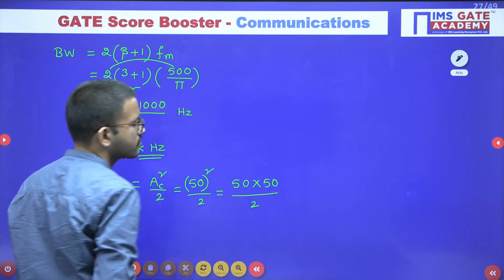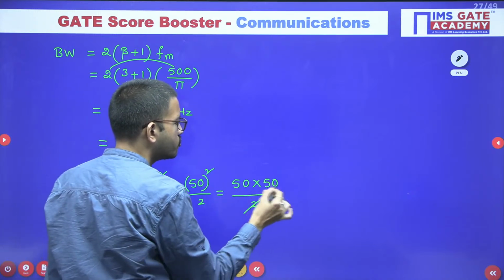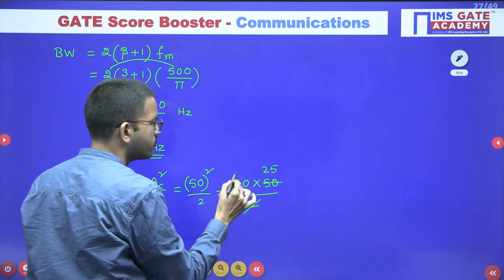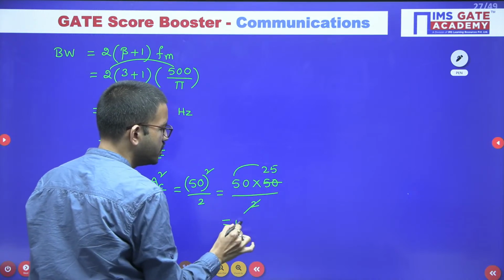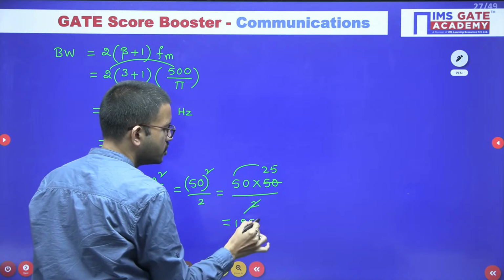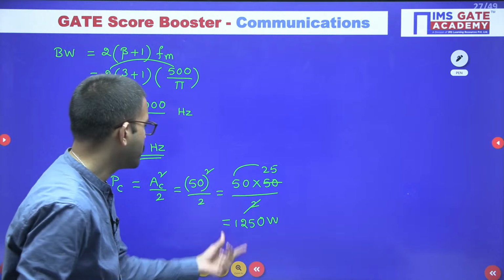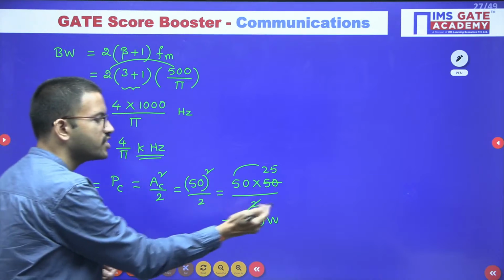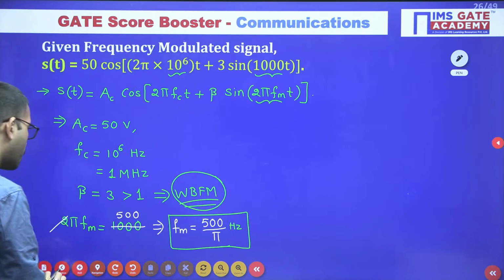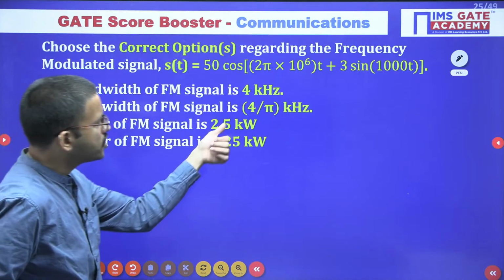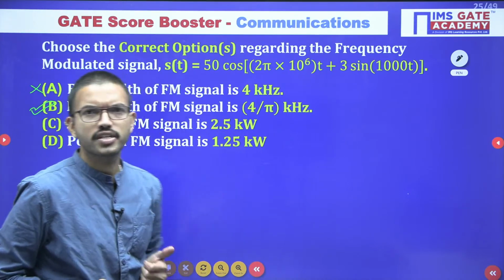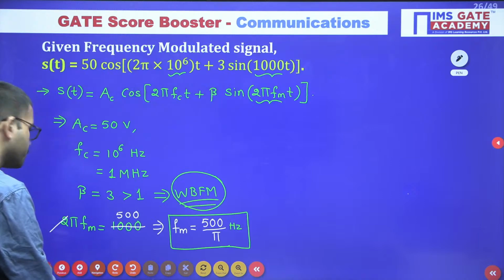Okay, so here 2 twos are 4, 2 fives are 10, so you get 1250. So you are getting the answer in the order of watts: 1250 watts. But now look at the options. Here you have options in the order of kilowatts.